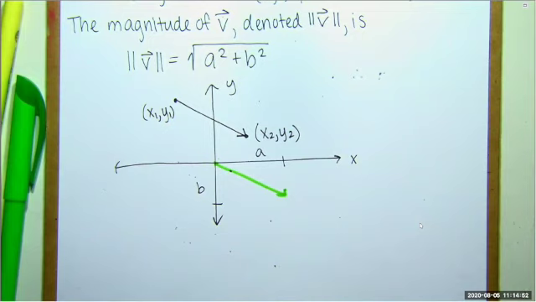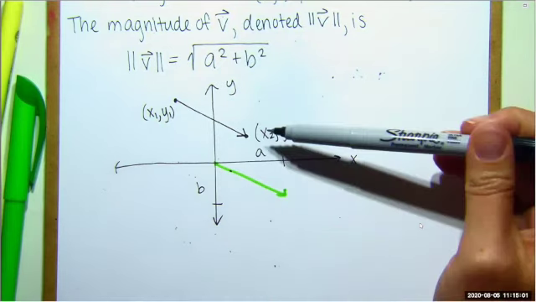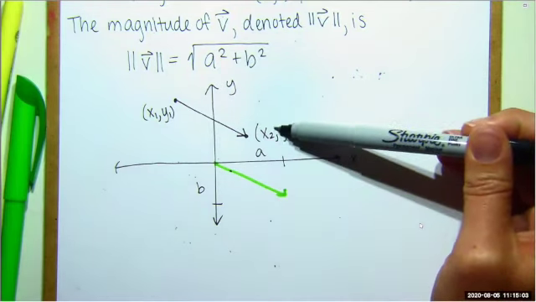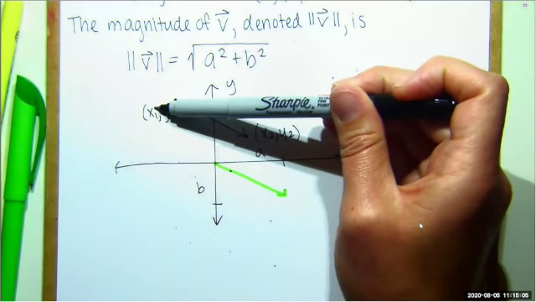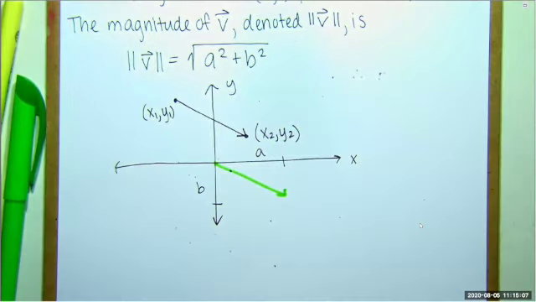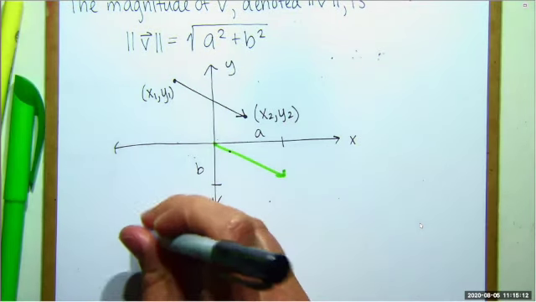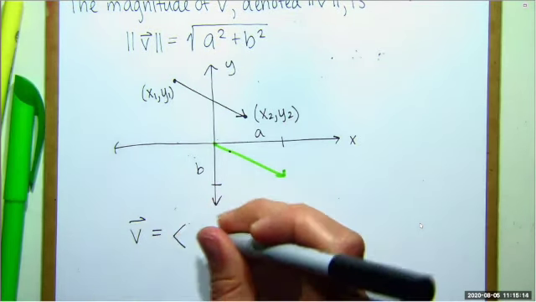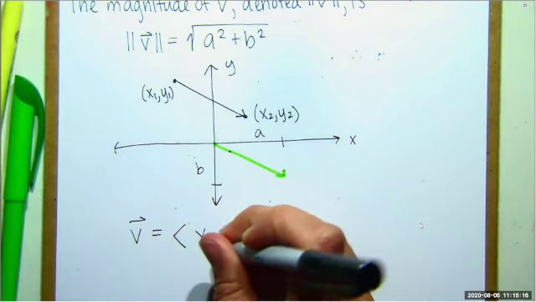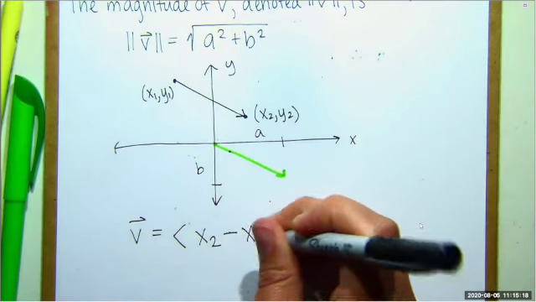What would A be? What would the horizontal component be? 3, yeah. So we take this ending x value and subtract off the starting x value. That tells us how far we've traveled horizontally. So to find our horizontal component, we do the ending x value minus the starting x value.